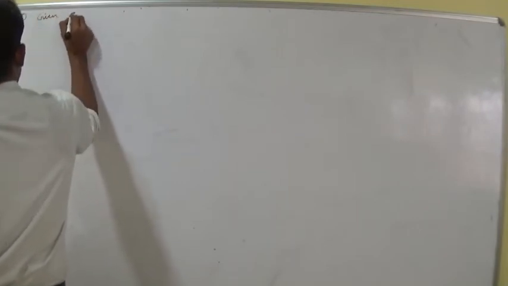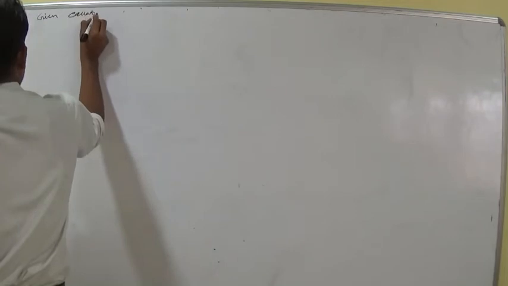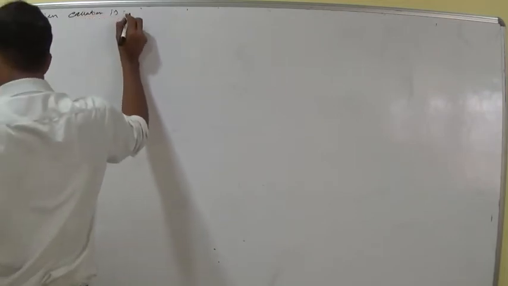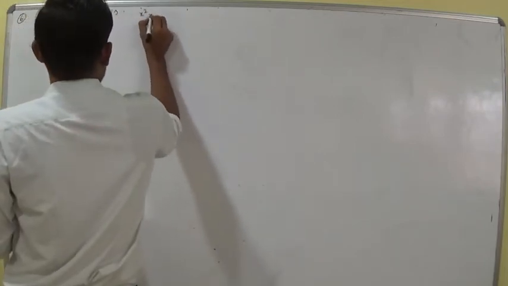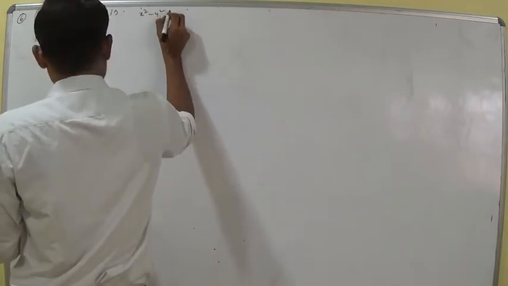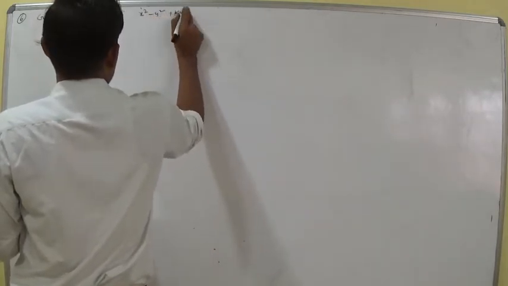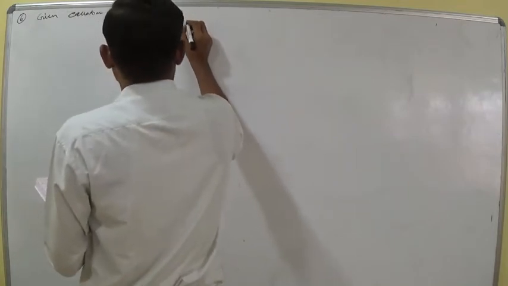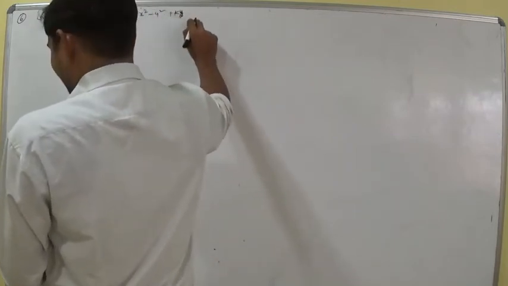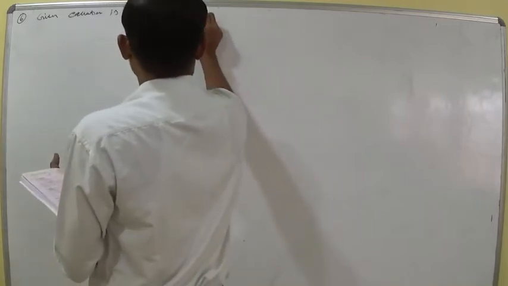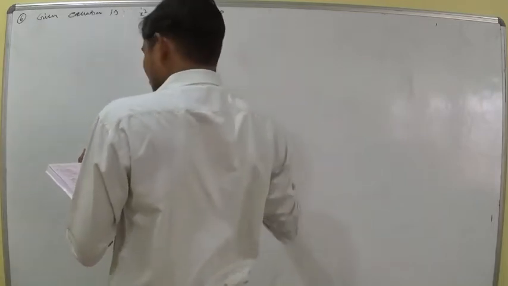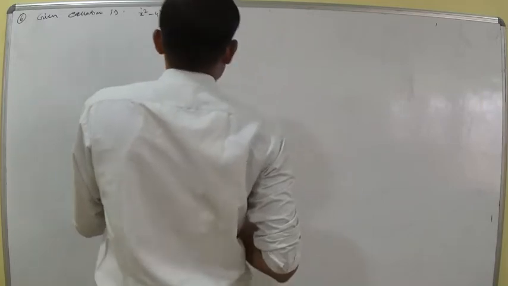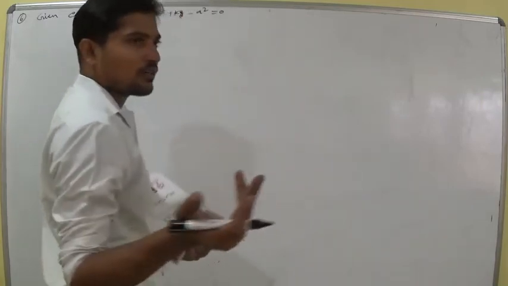Given equation is x square minus y square plus kxy minus a square is equal to 0, then k is equal to plus or minus 2a or not, we have to verify that.